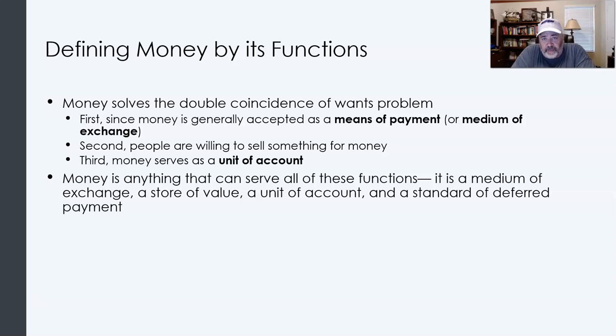And so that matters as far as a store of value. And then it also serves as a unit of account, a way of comparing and measuring the value of something. Oil, for example, is priced in U.S. dollars, and that's an example of money being used as a unit of account.